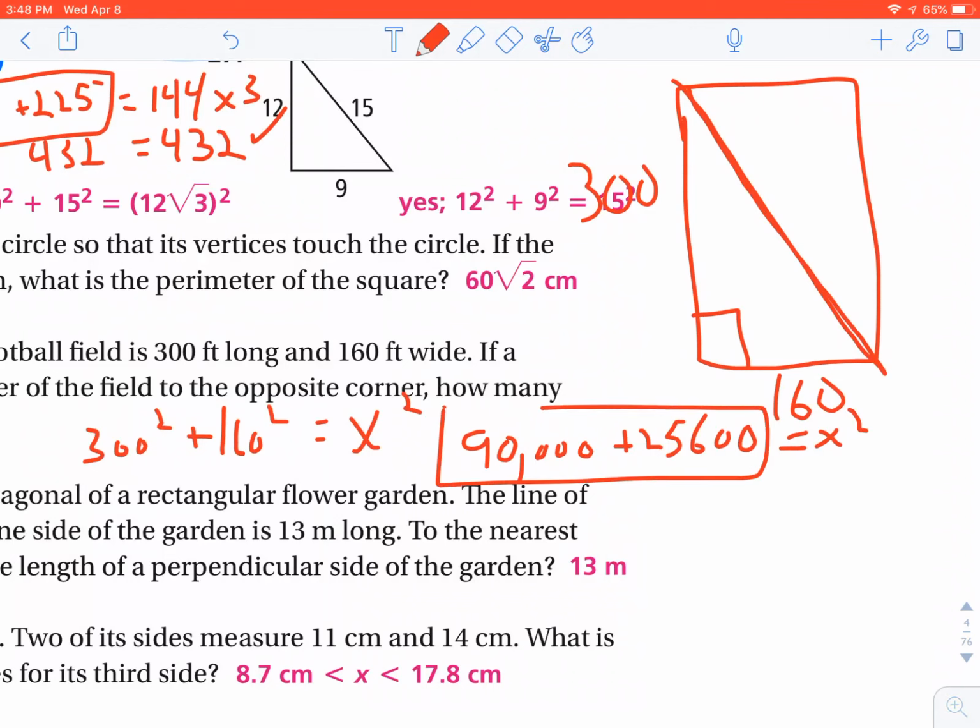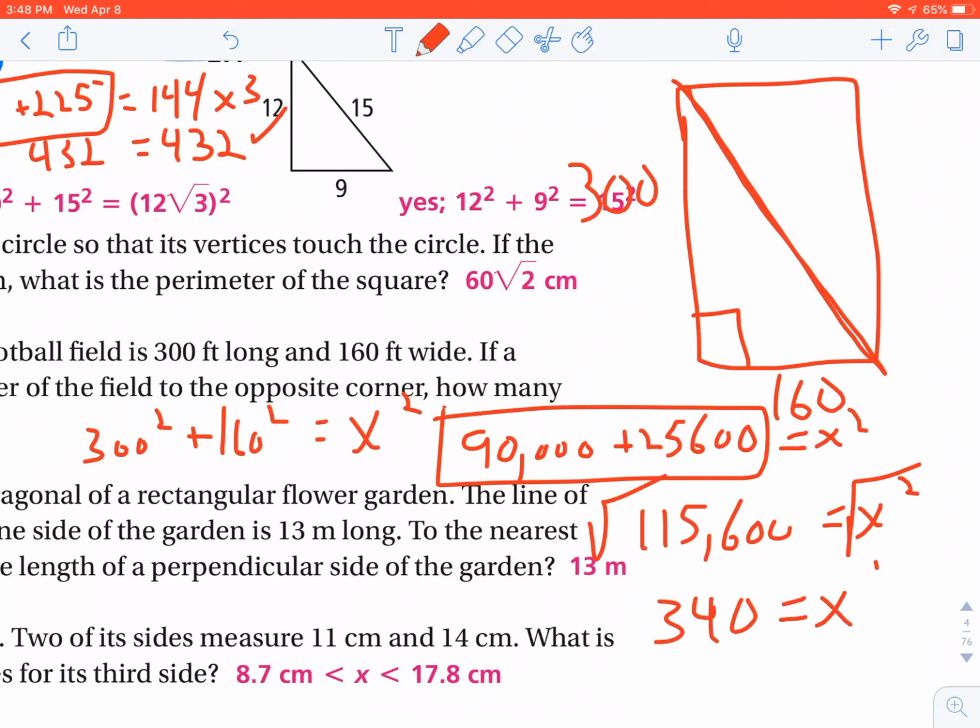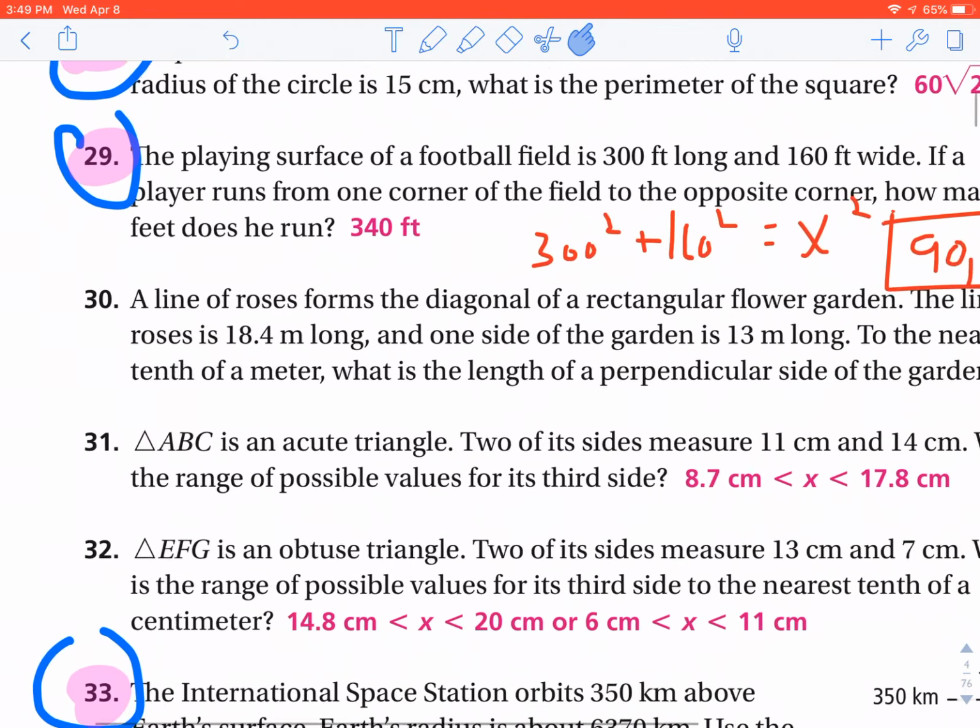When you add these values up, you should get 115,600 is equal to x squared. Square root both sides. The square root of 115,600 is actually perfect. It's 340 is the length of the diagonal, not 360, 340, from corner to corner. It's goal line to goal line for those of you that are big football gurus. All right.